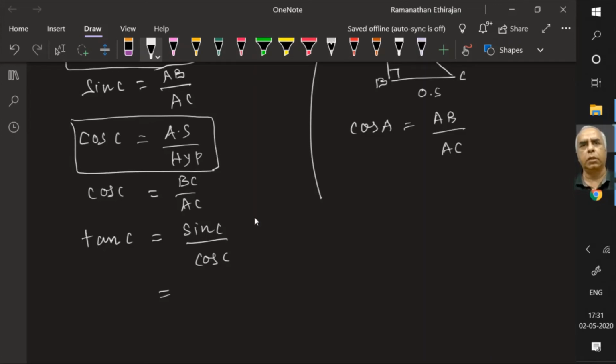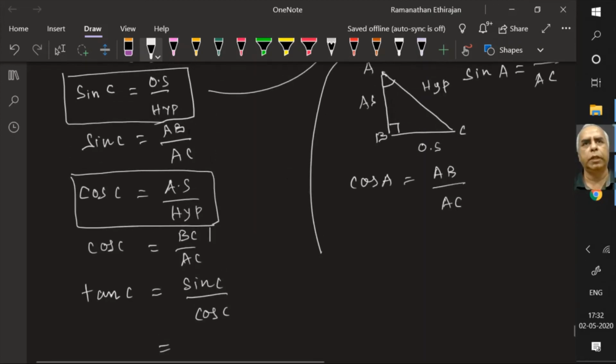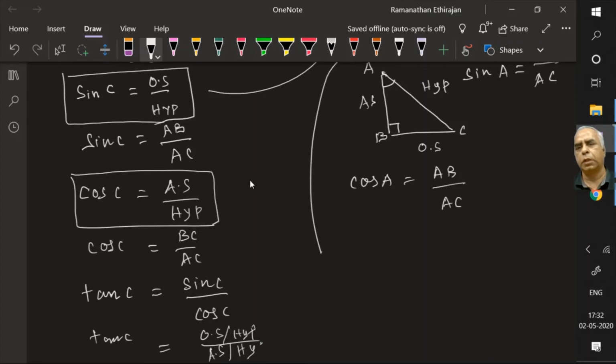So tan C is equal to opposite side by hypotenuse divided by adjacent side by hypotenuse. You can cancel the hypotenuse. Therefore, you have opposite side by adjacent side.